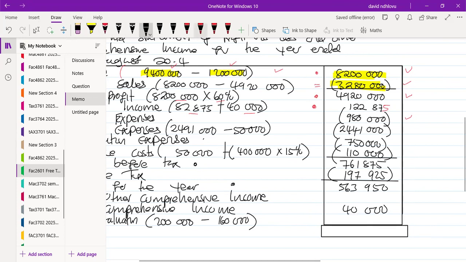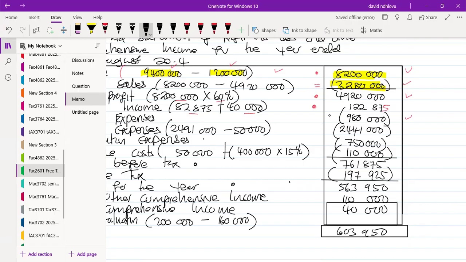You are going to add that. So that is going to be added to the profit for the year. So we say 563,950 plus 40,000. Then we're going to have 603,950 there.